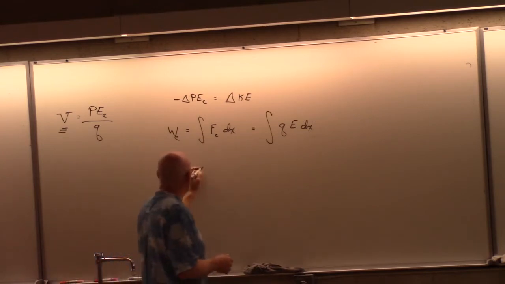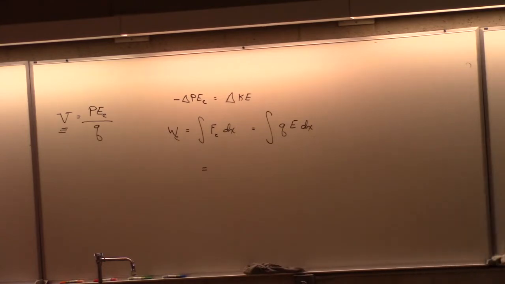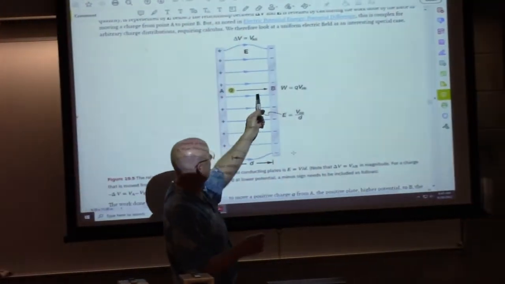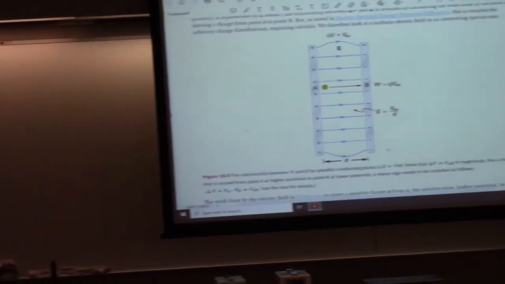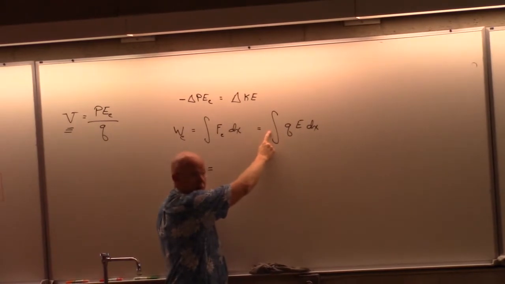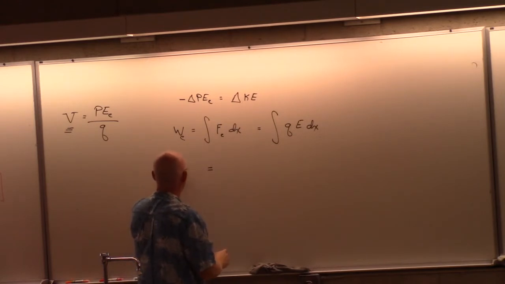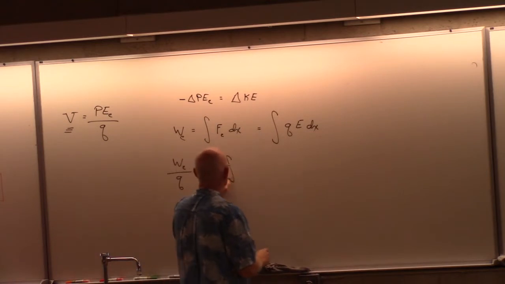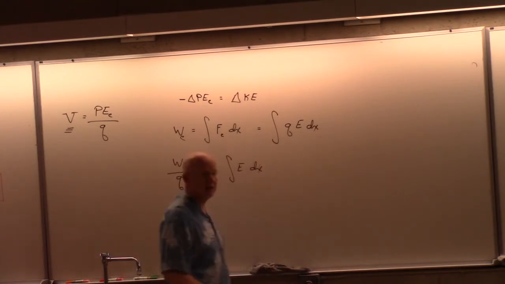Now, let me do one more step. If we're talking about this little charge Q that moves across, since it doesn't change, why don't I take the Q out of the integral? It's a constant. Let me also divide it. And so work divided by Q is the integral of E dx.